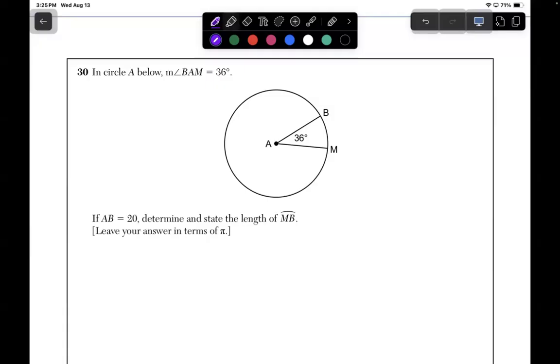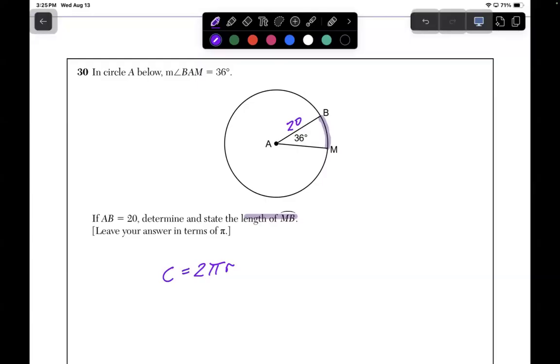So we want to find the measure of arc MB. Want to find out how long that is. So in order to do that, we basically just need the circumference, and this is 20. And so circumference is 2 times pi times r.